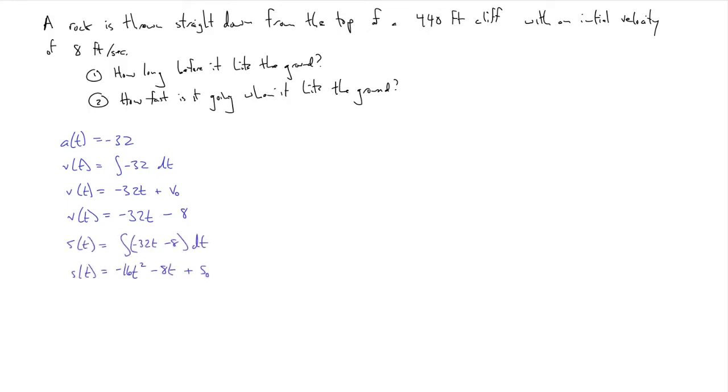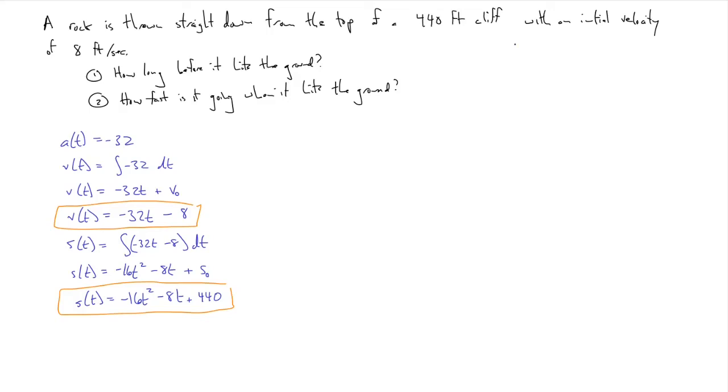And the position is the integral of the velocity, so we get that the position function is negative 16t squared minus 8t plus the initial position, s0. And since we're starting at the top of a 440-foot cliff, the initial position is 440. Now we have our position and our velocity functions, and we're ready to start answering the questions.